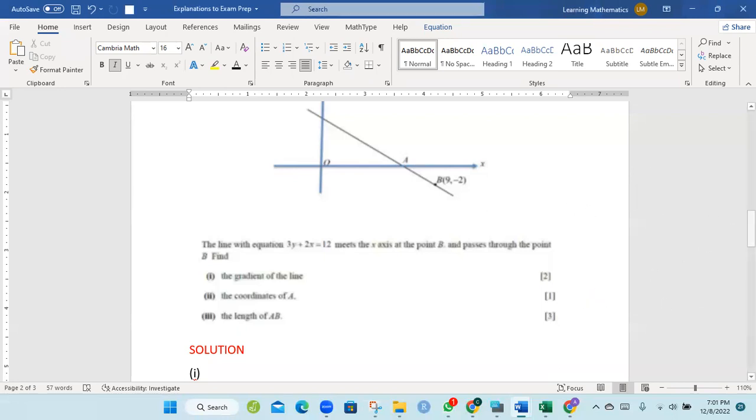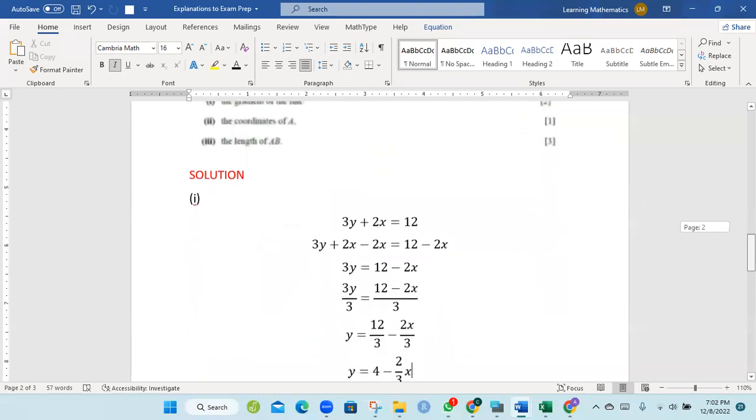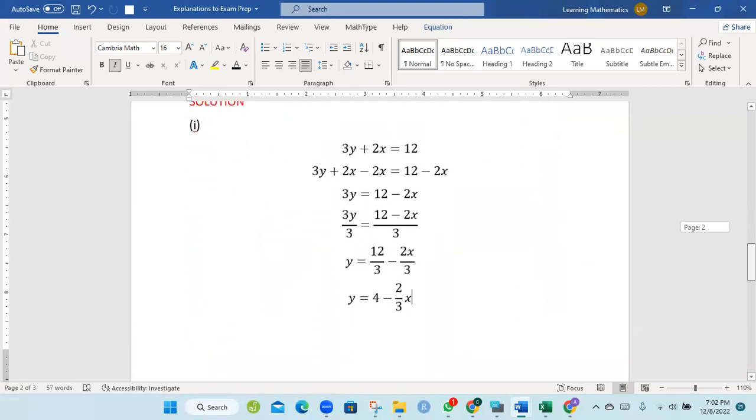To get the x coordinate now, we have to substitute y equal to 0 into that equation and solve for x, and then we'll get both coordinates. So let's do that.